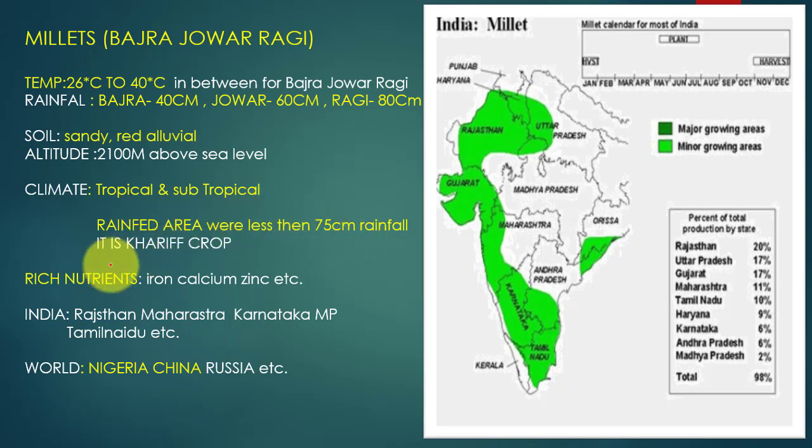It is a kharif crop, rich in nutrients like iron, calcium, zinc, etc. In India, it grows in Rajasthan, Maharashtra, Karnataka, MP, Tamil Nadu. You can see this area, also known as the Marathwada area, which is rain-fed. In the world: Nigeria, China, Russia, etc.